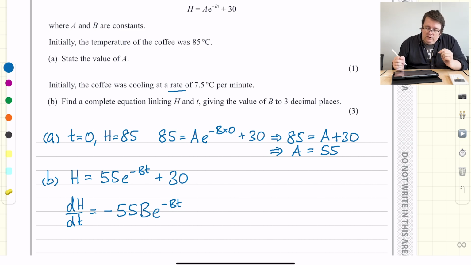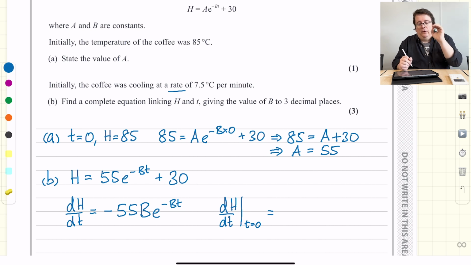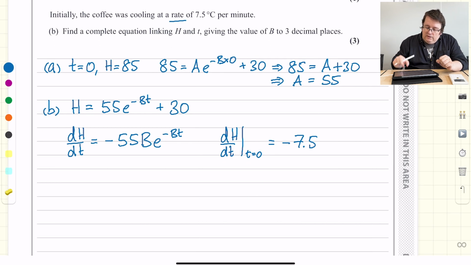Okay, we know that initially, the rate is it's cooling at 7.5 degrees Celsius per minute, so that means it is negative 7.5. So if I substitute t equals 0 into our derivative and put it equal to minus 7.5, this gives us this equation.